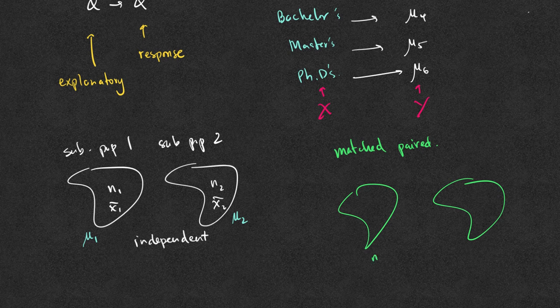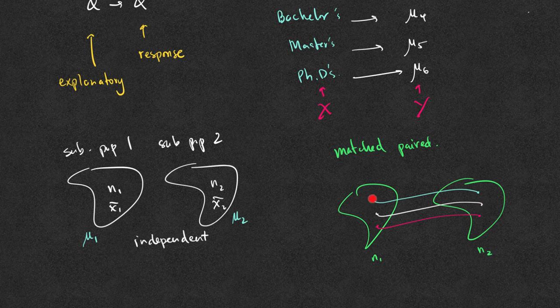If the sample size for the first sample is 100, then the sample size for the second sample has to be 100, because for each individual in the first sample, we match it to another individual in the second sample. And so there is a one-to-one correspondence here. For example, husband, wife: husband 1, wife 1, husband 2, wife 2. We can't mix them up.